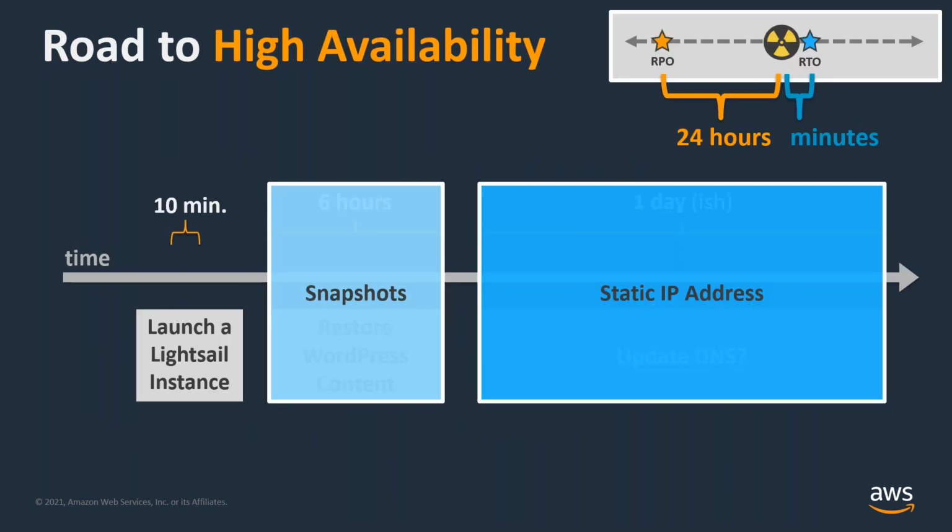In terms of HA, it really doesn't reduce RTO. It's a necessary requirement for achieving HA later on, but in and of itself doesn't provide us with HA. But what it does do is it helps us improve our RPO significantly.